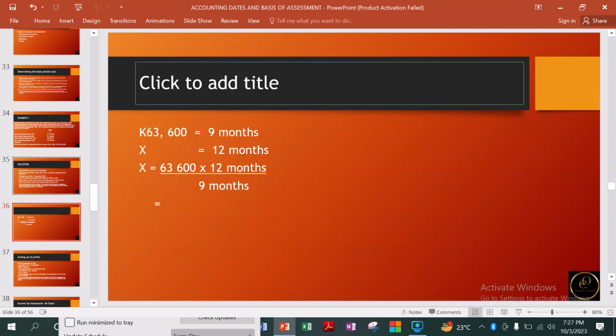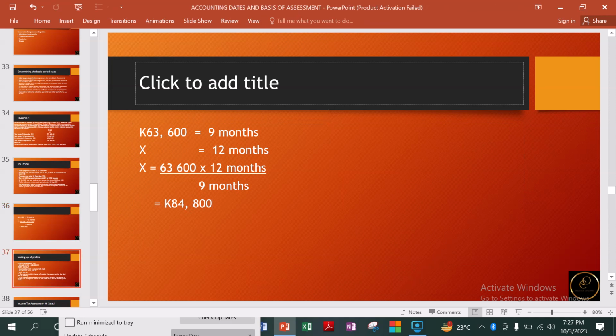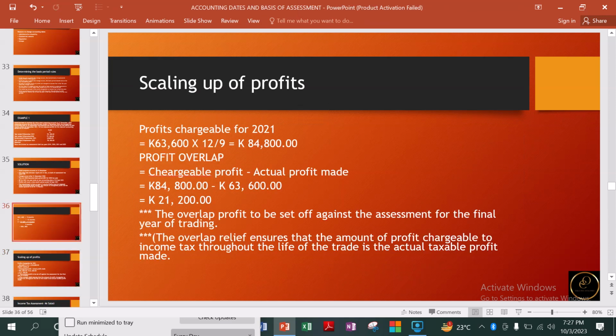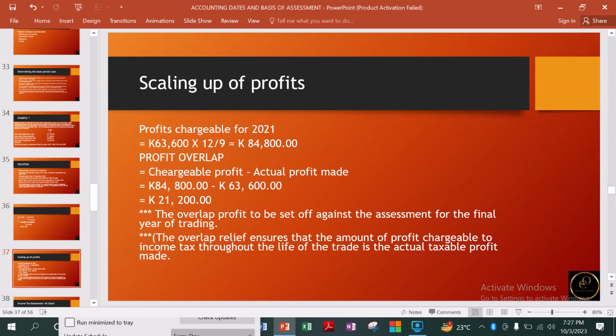That's what I was trying to demonstrate for you. So that's what it shows here, scaling up. We have scaled up from 63,600 to 84,800.